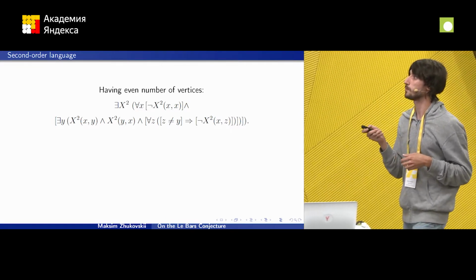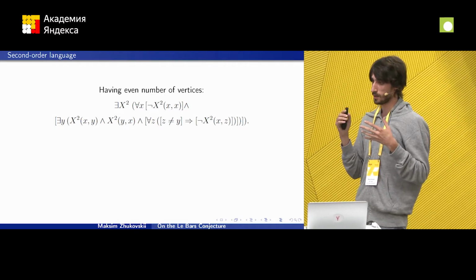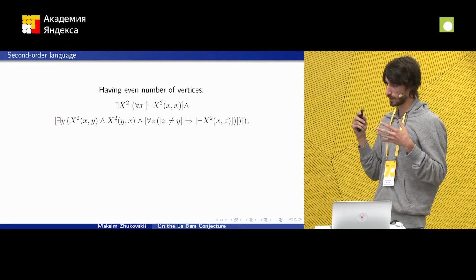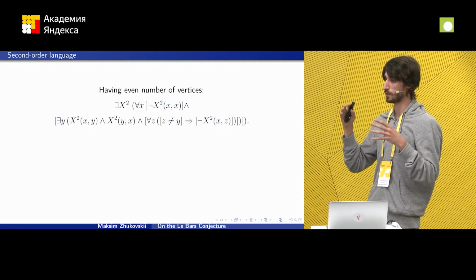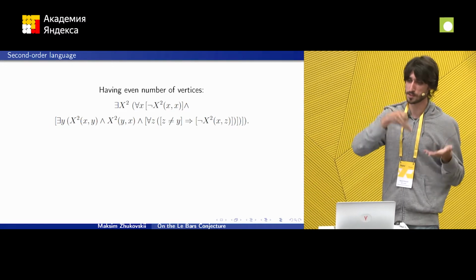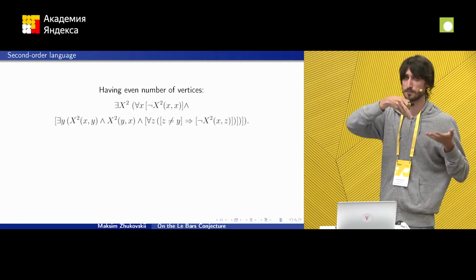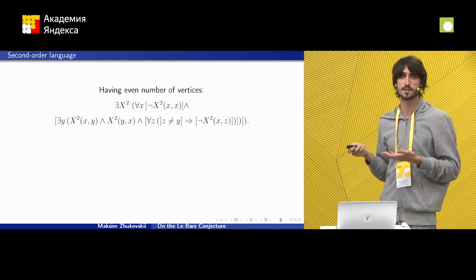So what do I say here? Here I say that I can find such a function which divides the set of all vertices into two parts, and the vertices from the first part are for the first argument of the function, and from the second part for the second argument.